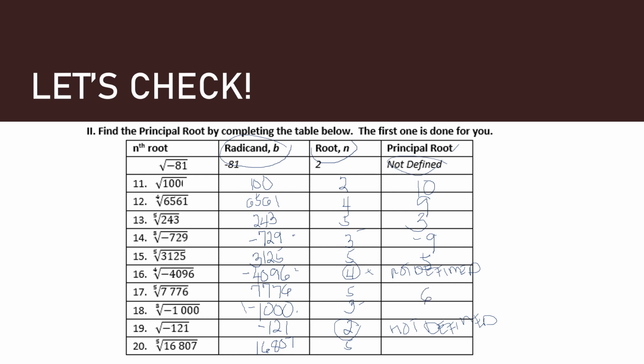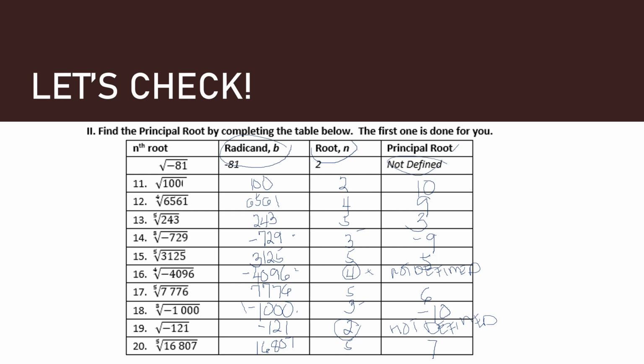Next, it is a negative number, so the result there is negative 10. And for number 20, the fifth root of 16,807, and the result is 7.